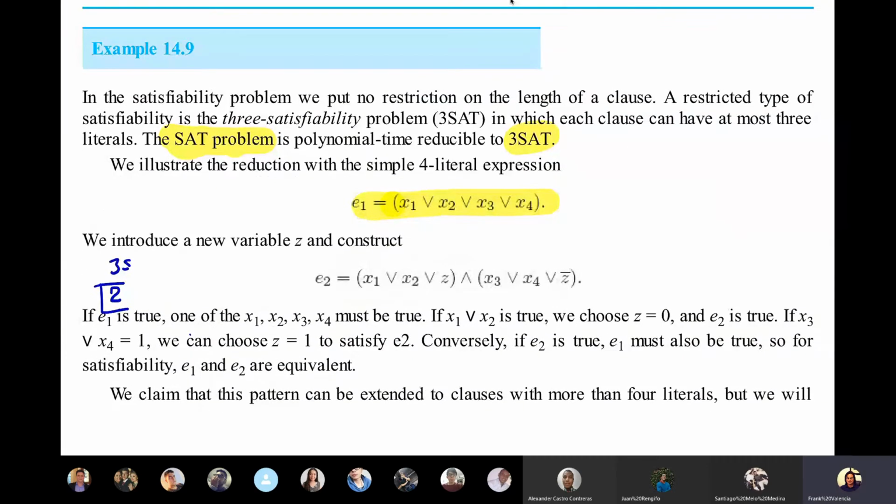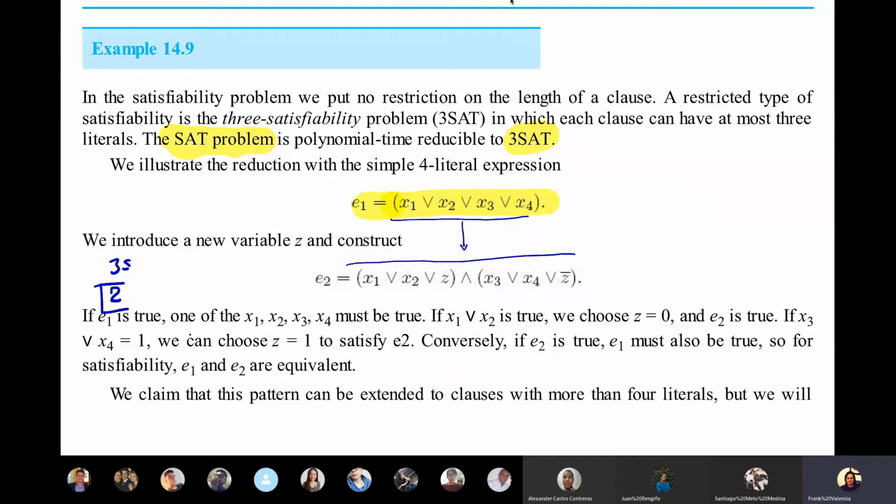So look at this. You transform this E1 into E2 this way. So x1 or x2 or x3 or x4 is equivalent in terms of satisfiability to (x1 or x2 or z) and (x3 or x4 or the negation of z).